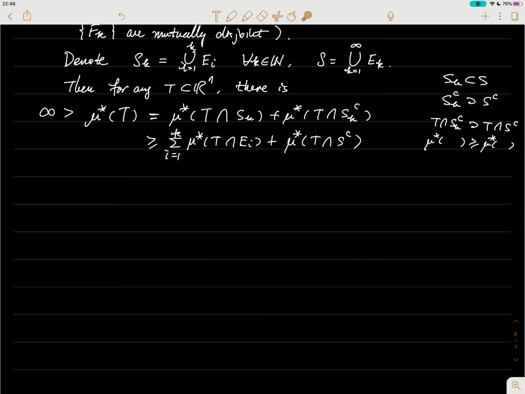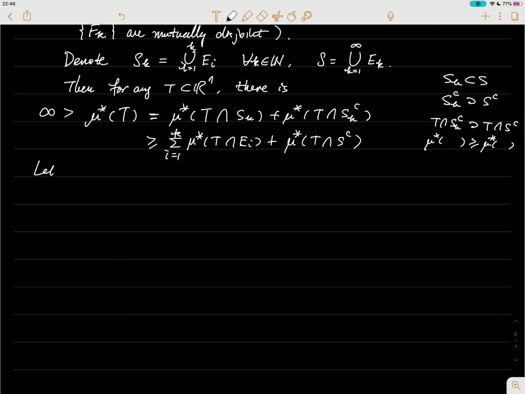So in total, this term is a non-decreasing sequence, right? It's a sequence of numbers that are non-decreasing, and it's bounded above, right? So that means this limit actually exists. We'll tend K to infinity. This one will have a limit. So the limit exists, and also the limit is less than or equal to the left-hand side.